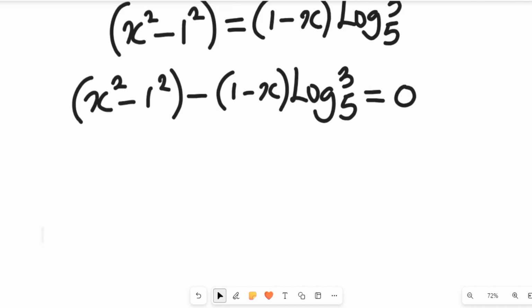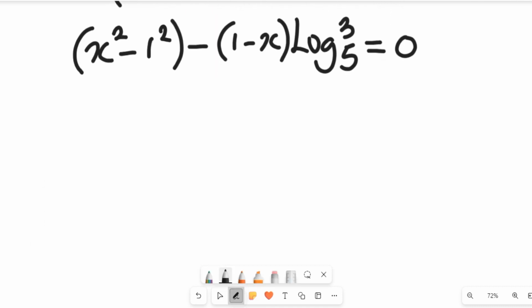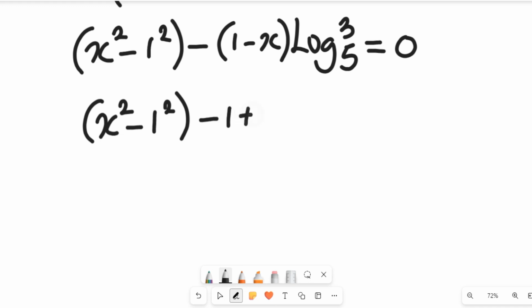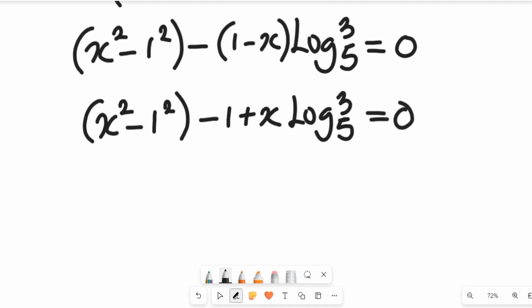So if you look at this expression very well, you'll find out that we can expand this, and that will give us x squared minus 1 square, and this will give us minus 1 plus x, multiplied by the log of 3 base 5, and this will be equal to 0.